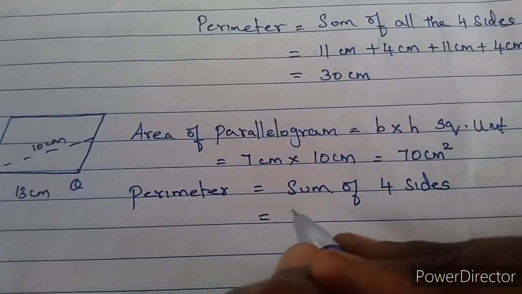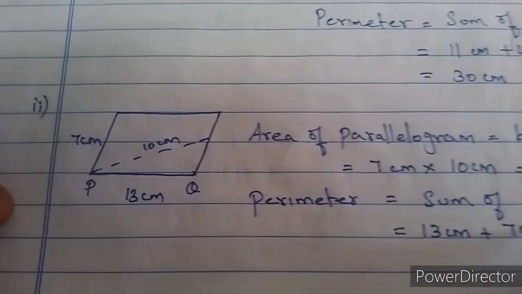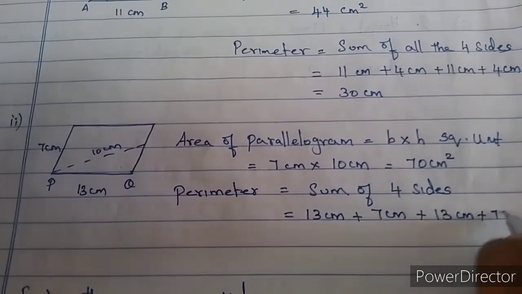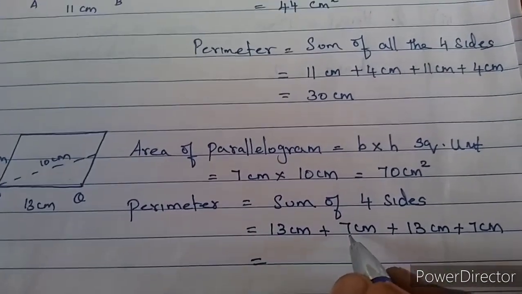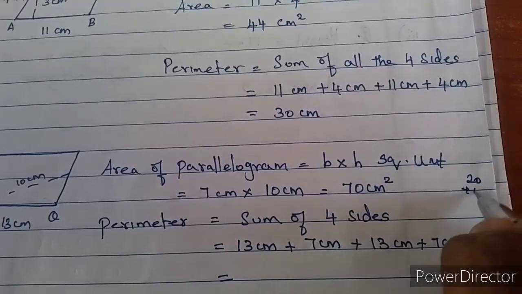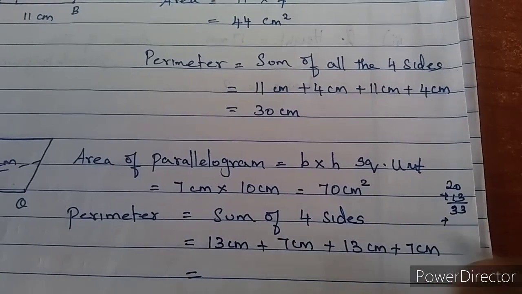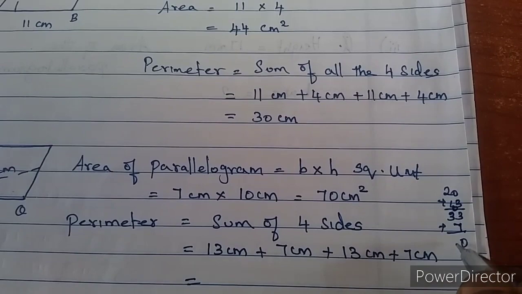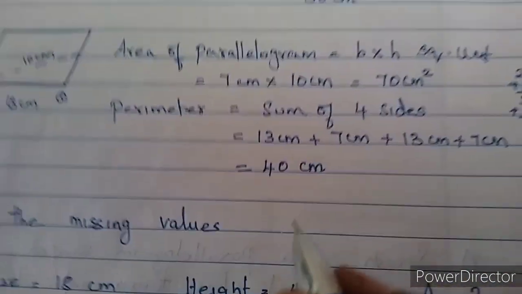So we should add all the four sides. 13 centimeter plus 7 centimeter plus 13 centimeter plus 7 centimeter, that equal to 13 plus 7, 20, 20 plus 13, 33, plus 7 centimeter, 7 plus 3, 10, carry over 1, 4. So your answer is 40 centimeter.